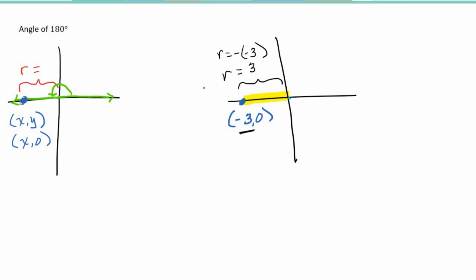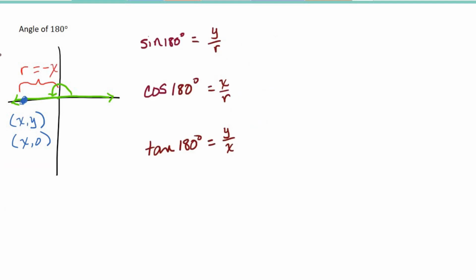So going back over to my diagram of 180 degrees, my r value is going to be equal to the opposite of x. So again, I've got my circular definitions written down, and I'm going to fill in what I know. Y is 0. R, we're just going to keep r, because anytime you have 0 in your numerator, you're going to have 0 for the answer, unless your denominator is 0.